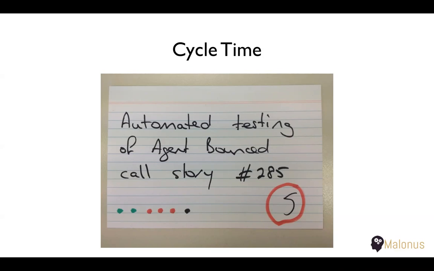So it's all about stop starting and start finishing. And with the cycle time, you see, based on the iteration to iteration, are you able to reduce the cycle time or not? Or is it the same, or is it increasing, and based on the trends you try to do some fixed work.